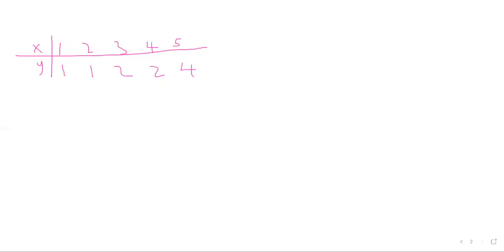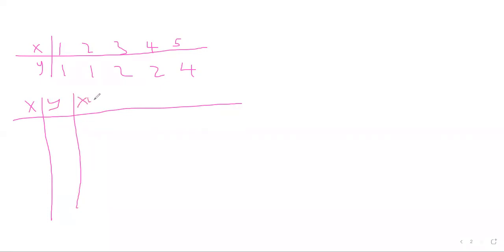So we want to come up with what is called a regression equation. The first thing is you need to come up with this schedule: X, Y, x squared, and y squared.